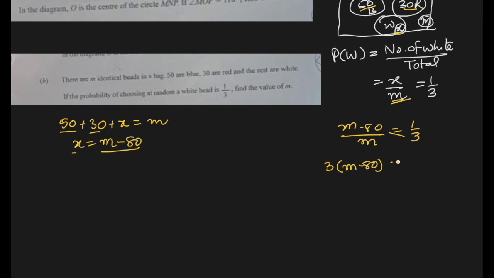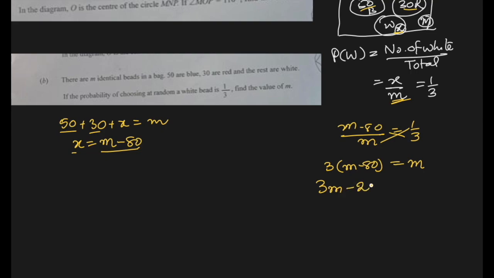So what can I say? x is m minus 80, right? 50 plus 30 is 80, and goes to the right side. x equal to m minus 80, and that's what I'm going to substitute here. m minus 80 over m equal to 1/3. Cross multiply: 3 times m minus 80 equal to m times 1, m.